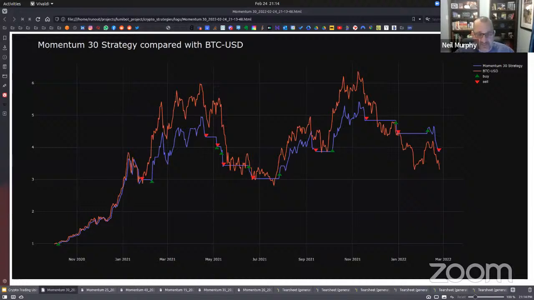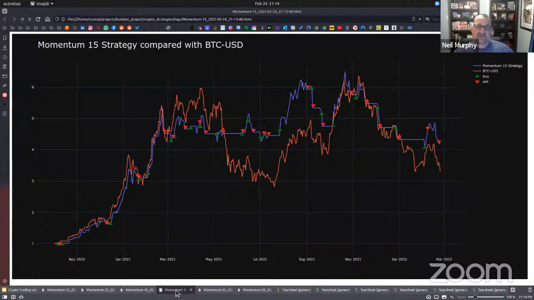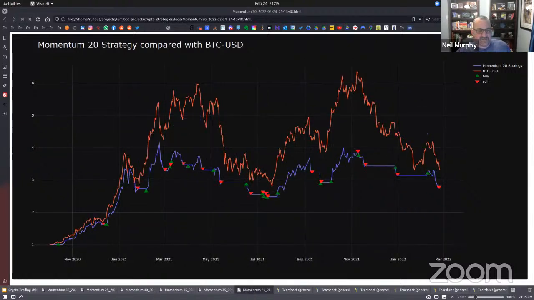I actually want to look at them in order if I can. So if we go 15, and have a look at that chart. This is where you can start to say, okay, what was the difference in changing the length of the period? If I go through them in order, quickly, we can see how the lines change. So we'll go 15, 20. Well, that's not so good.